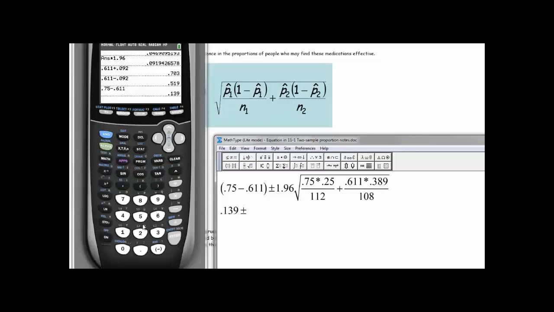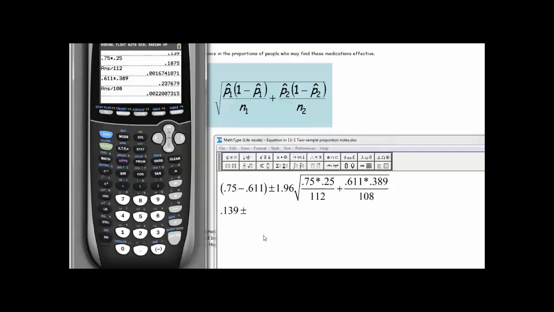So let's see, 0.75 times 0.25, and I divide that by 112. Alright, so it's that lovely number, that 0.016. Then I want 0.611 times 0.389 and divide that by 108.